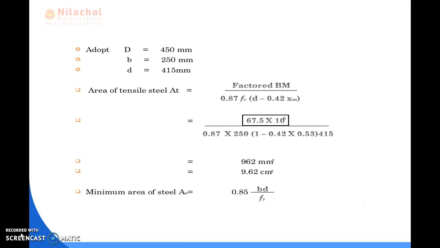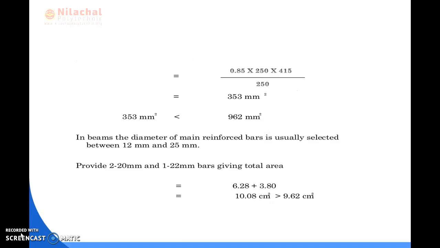And here the minimum area of steel that is required, denoted as Ast min, is equal to 0.85 bd by fy. So here 0.85 bd by fy, where b value is 250 and fy is 415 we put.